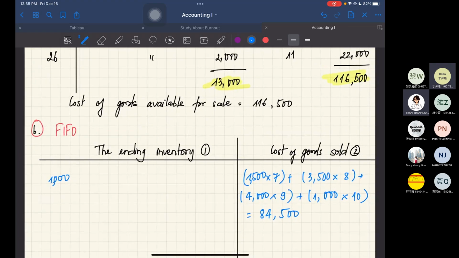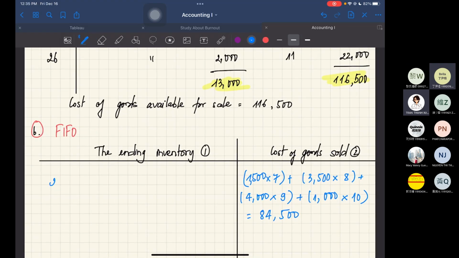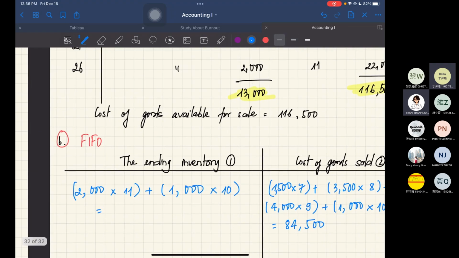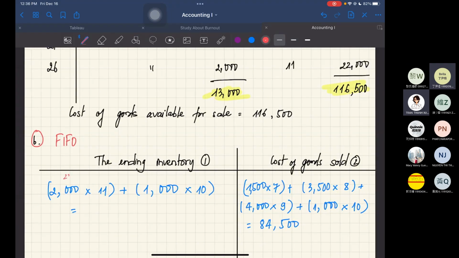What is the previous one? We're still missing 1,000, so I'm taking more in order to get 3,000 items, and the total price is 22,000. This is 22,000. This is 10,000.